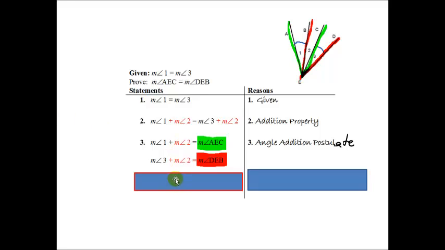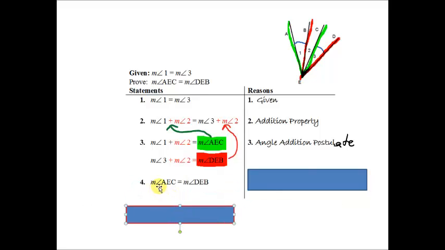All right, so finally, if our angle 1 and angle 2 are the same as AEC, then we're going to make a substitution. We're going to replace what we set up here in this equation. Angle 1 and angle 2 is the same thing as angle AEC. And we're also going to do the same thing on the other side with our angle DEB. That's our angle 3 and angle 2 combo. So we're going to change those two angles to their three-letter names.